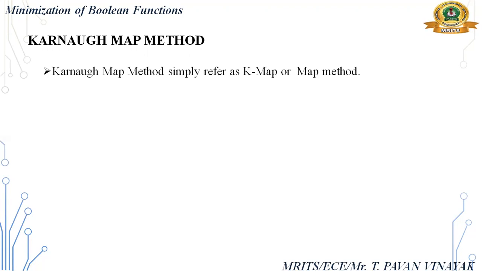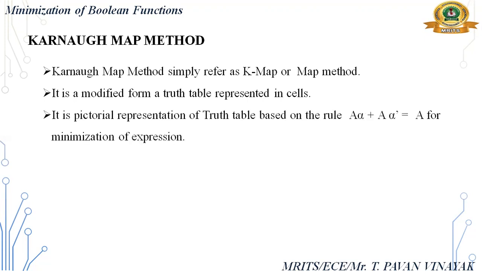K-map is also known as the map method. It is a modified form of truth table, represented in cells. It is a pictorial representation of the truth table, and it is based on the rule a alpha plus a alpha bar is equal to a.